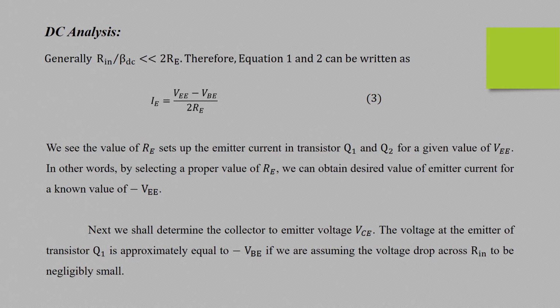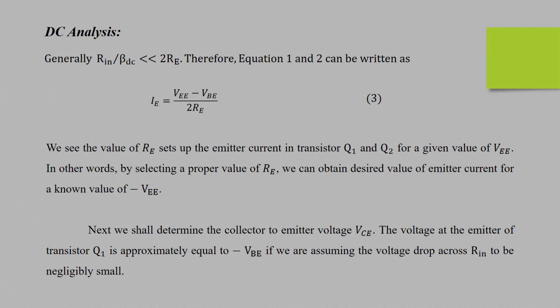We also see that the value of RE sets up the emitter current in the transistor Q1 and Q2 for a given value of VEE. So by selecting a proper value of RE, we can obtain desired value of emitter current for a known value of negative supply voltage, that is minus VEE.